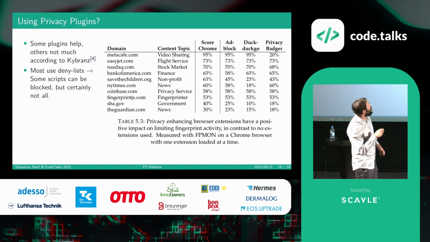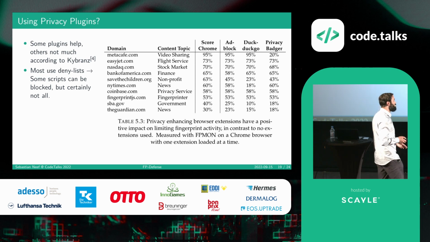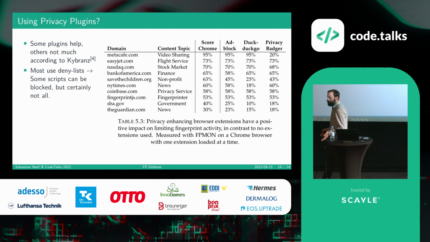For example, on metacafe.com, the score went down from 95% to 20% with Privacy Badger, but not with AdBlock or DuckDuckGo. For other sites, there was no change at all. For example, for Coinbase.com, it's 85% throughout.